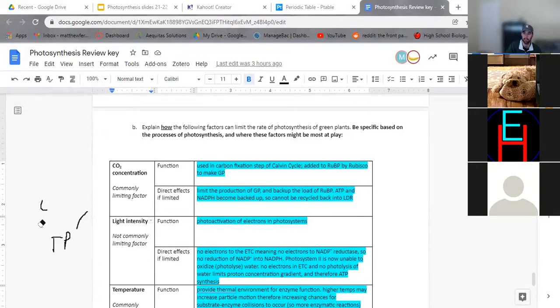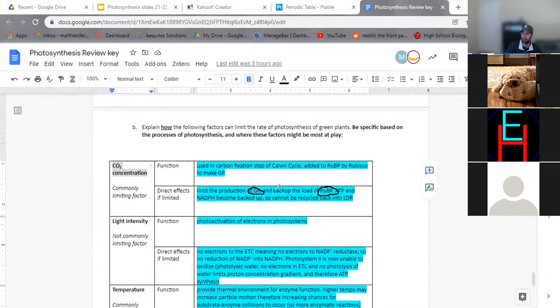That's what the second part of these tables is asking about. If you limit whatever we're looking at here, how does that affect things? Well, it ends up limiting the production of GP because now we can't properly regenerate our RuBP.